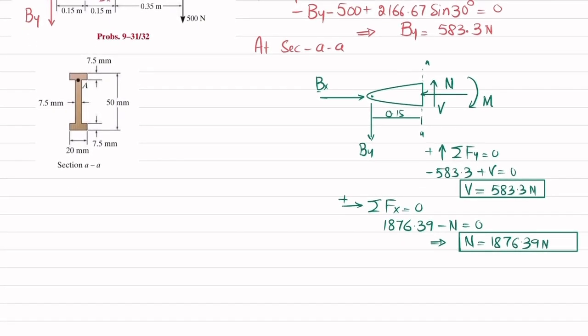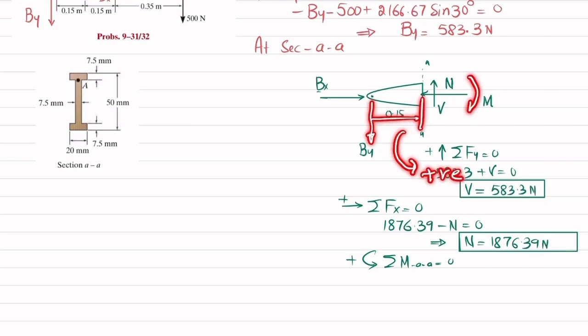Now we'll find this moment by using the equation of equilibrium that the sum of all moments about section AA is equal to 0, taking counterclockwise moment as positive. You can see this force By into perpendicular distance is producing counterclockwise moment, so it will be positive, and this moment is producing clockwise moment and that is negative. Their sum must be equal to 0.